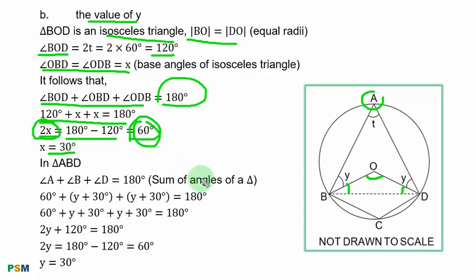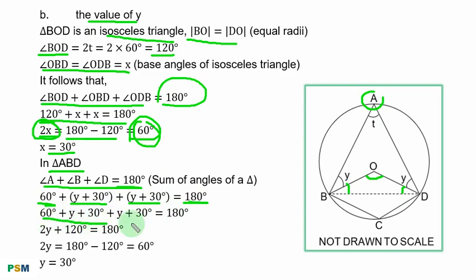Now we can find the value of y by considering triangle ABD, where the sum of the three angles is equal to 180 degrees. Angle A is T, that is 60. Angle B is Y plus S. Now S is 30. You have it in this form, and this is angle D, equal to 180 degrees.